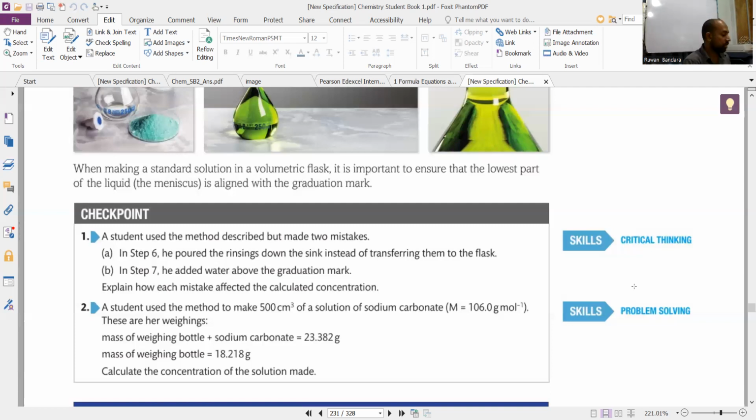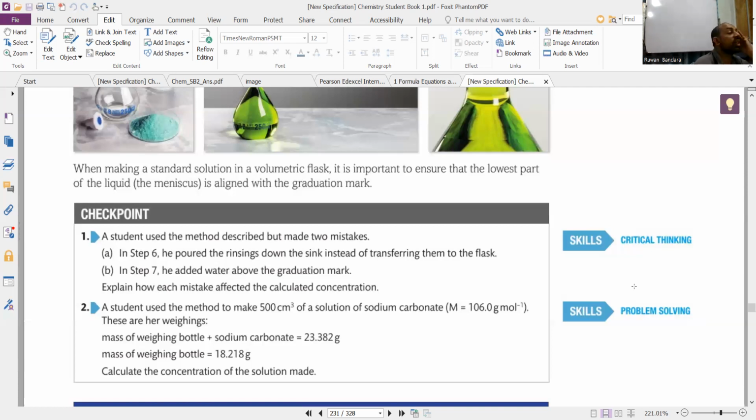Right? Then what will happen? Some amount of the solid will be lost. Therefore the calculated concentration will be lower than the actual value.